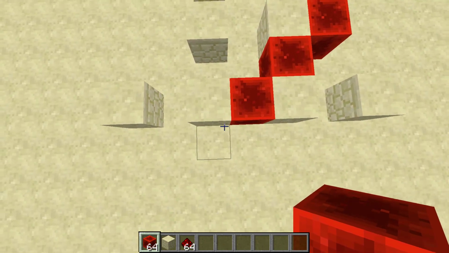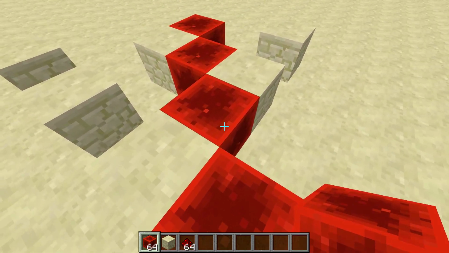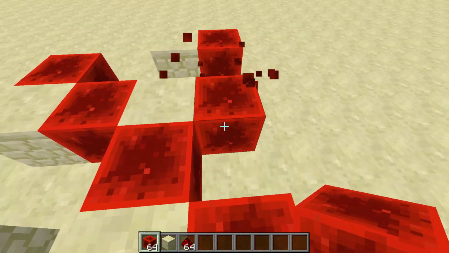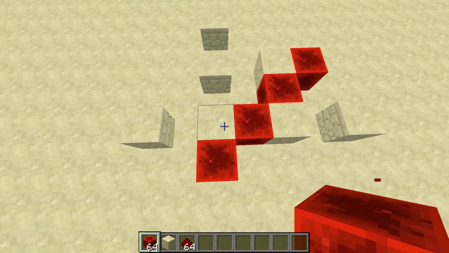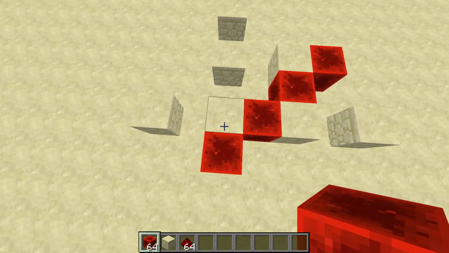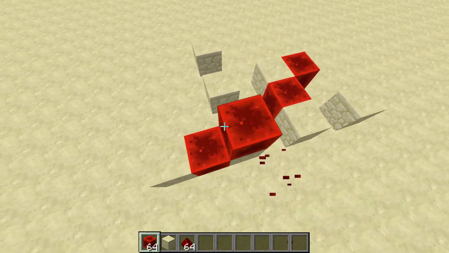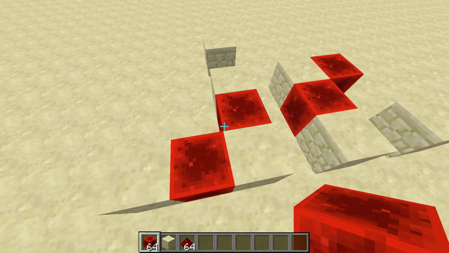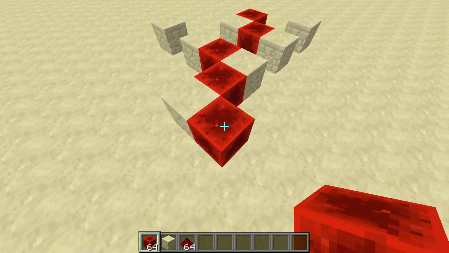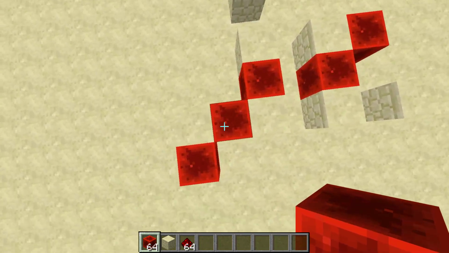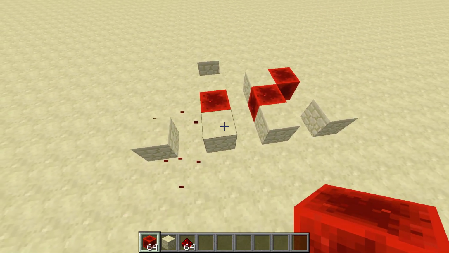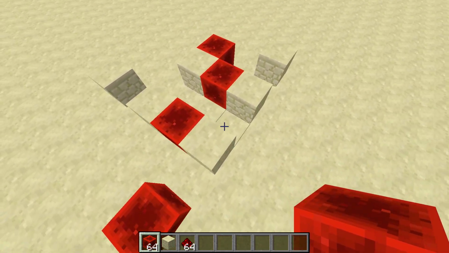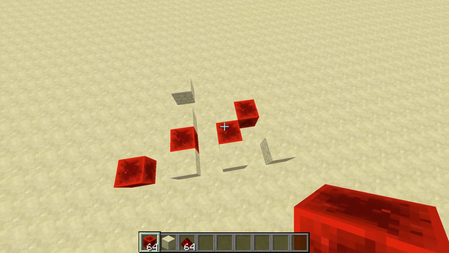Now here we compare again whichever of these two were the highest, and send the higher one down and the lower one through. Then the last one is the exact same thing. This is the last one, right? So the highest one will now have been outputted, so to speak.